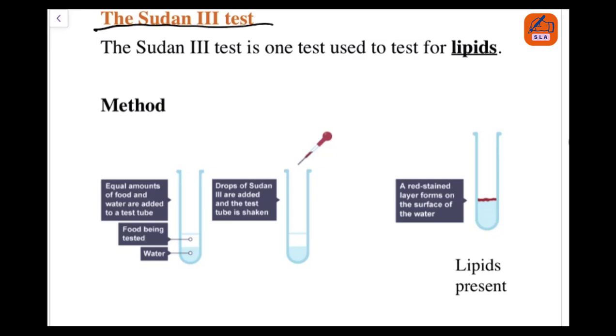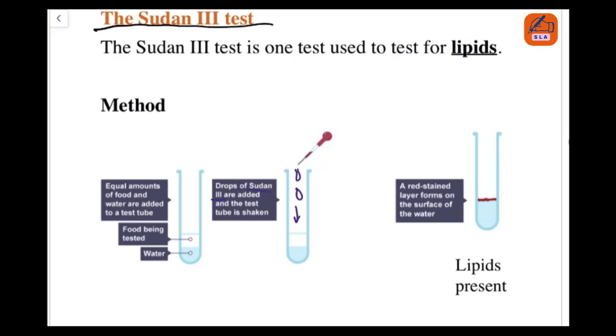We have food to be tested with water inside it, equal amounts of food and water added to a test tube, and then you add a very few drops of Sudan 3 solution to your test tube containing the food sample. So Sudan 3 is added to the solution to be tested, and then you shake it.